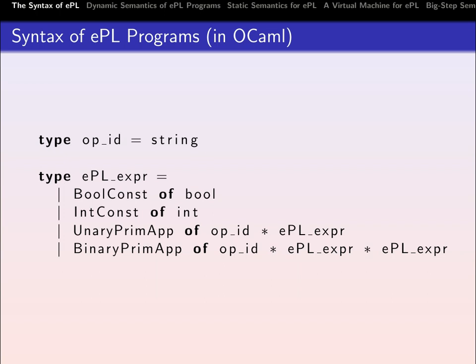Notice that as soon as we have operator applications, the argument is an expression, right? So it's a pair of operation identifier and an expression. And the binary primitive application would have an operator identifier and then a left expression and a right expression. Cool? Wonderful. So, OCaml is better.